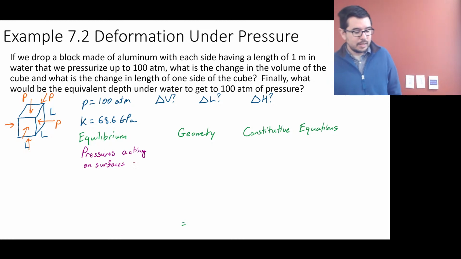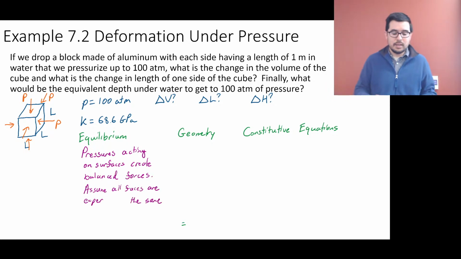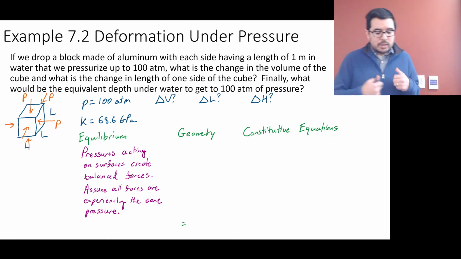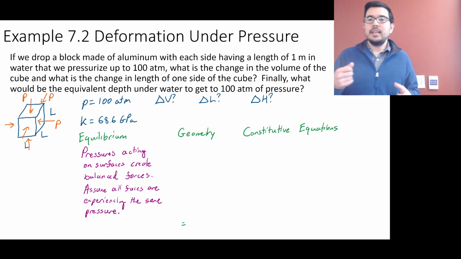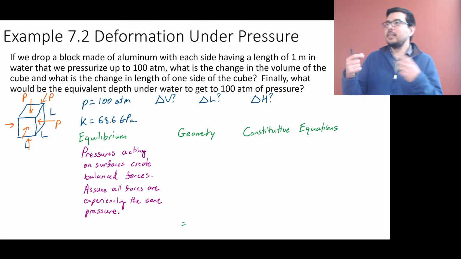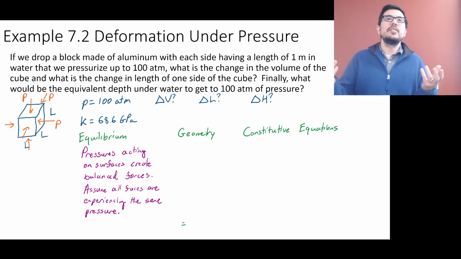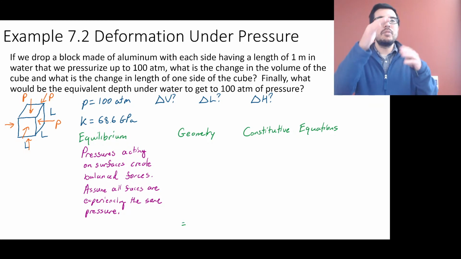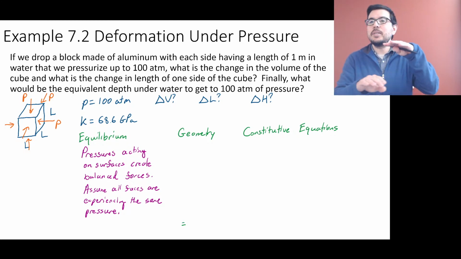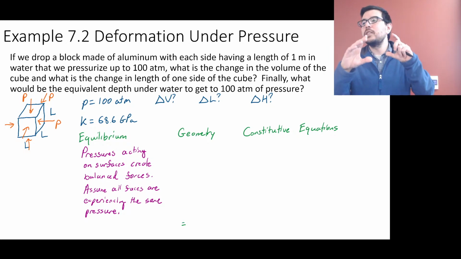But we can write for equilibrium that we have pressure acting on surfaces and we have balanced forces on these surfaces. So yes, if you want to be really precise, you can say I have a change in depth from the top of the object to the bottom of the object, so a little bit more pressure acting on the bottom versus the top, but it's pretty minuscule.